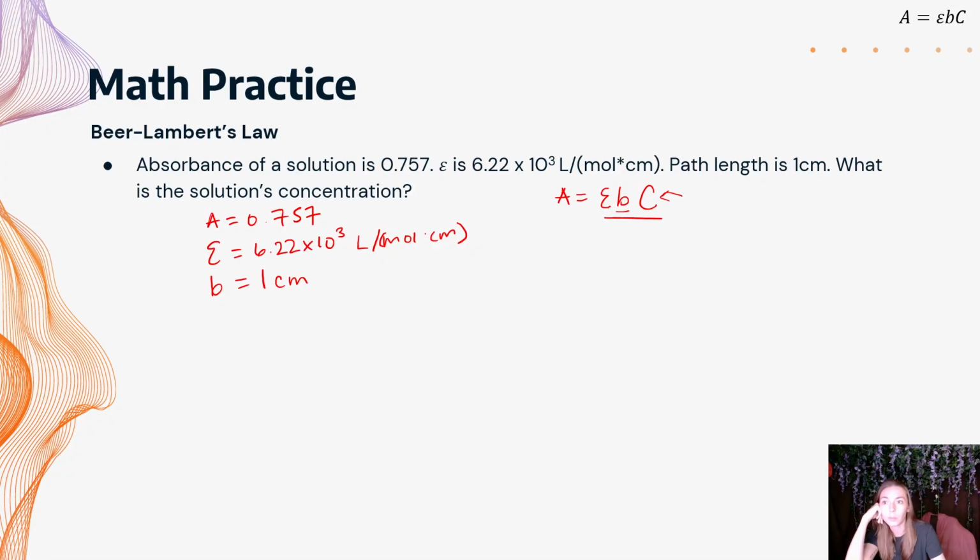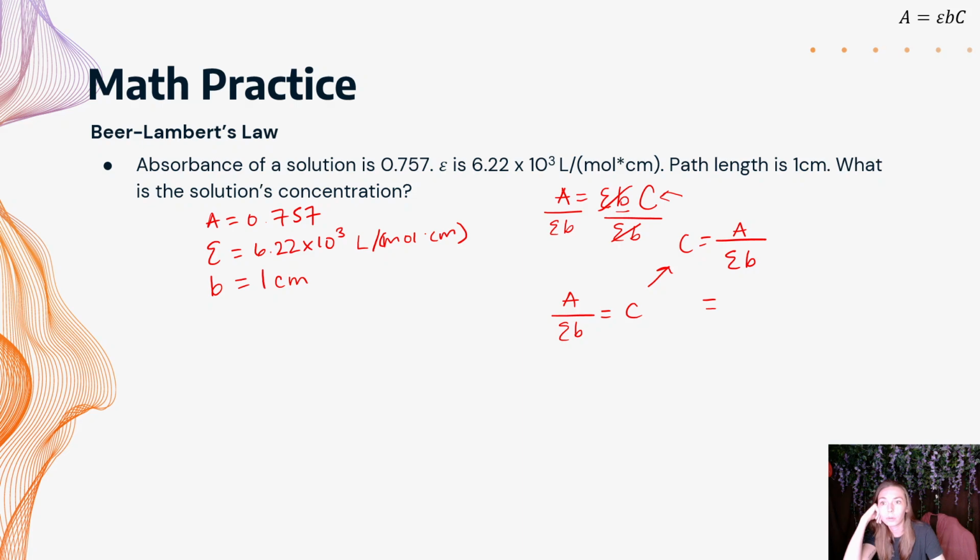We do that by dividing both sides by molar absorptivity times path length, which leaves you with A over epsilon times path length equals, you can cross those two out, concentration, okay? So A over molar absorptivity equals C. And then we can plug and chug.